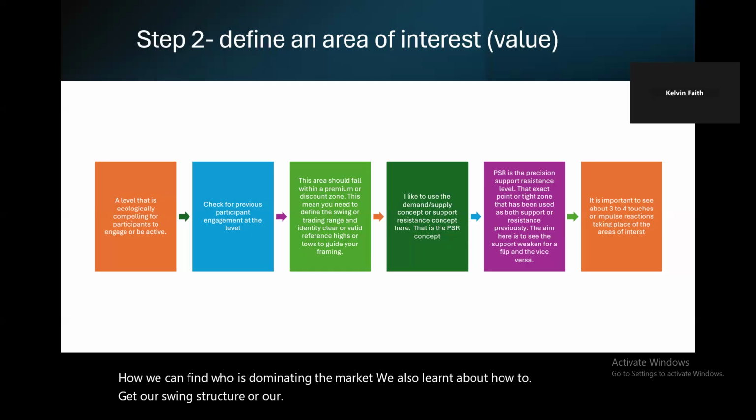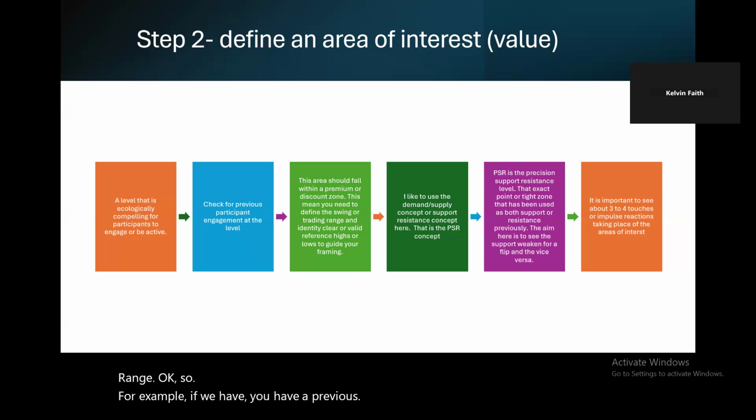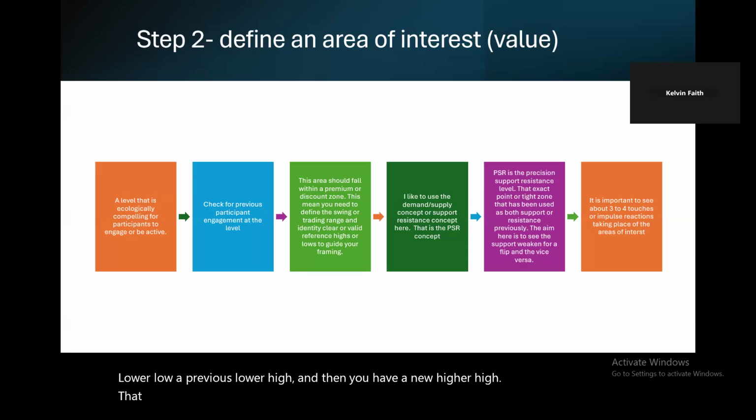For example, if you have a previous lower low, a previous lower high, and then you have a new higher high, that lower high point to your higher high becomes your range.